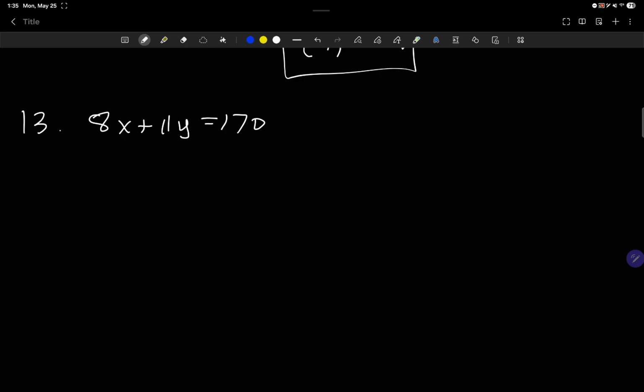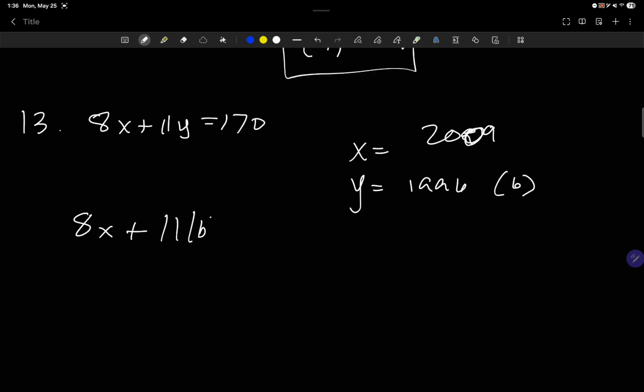Thoughts on this one? This is an easy question. x is the 2009 pennies. y is the 1996 pennies. It told us there were 6 of the 1996. 8x plus 11 times 6 is 170.